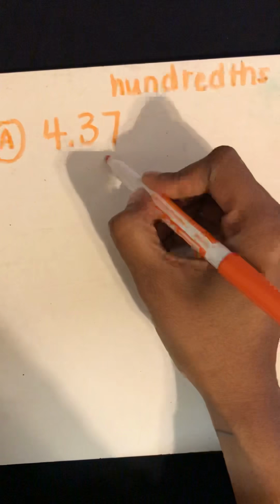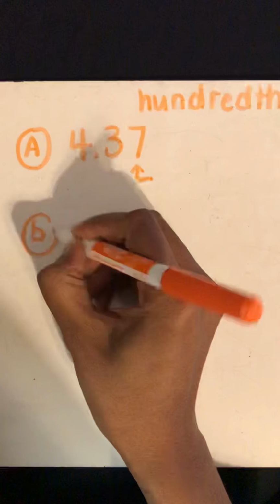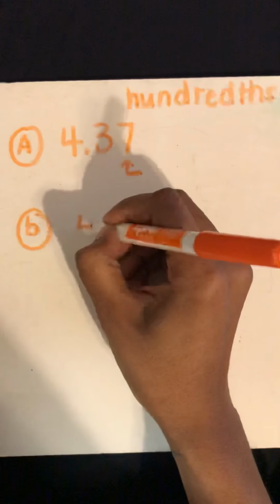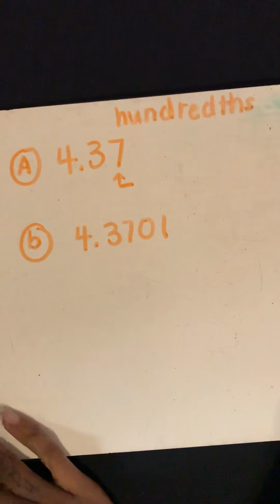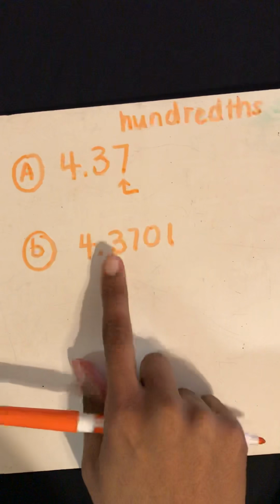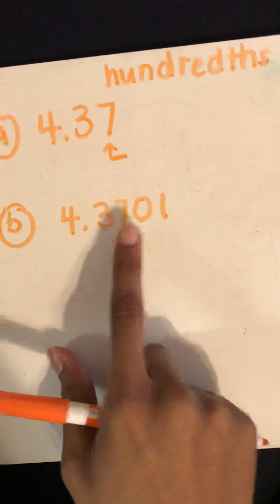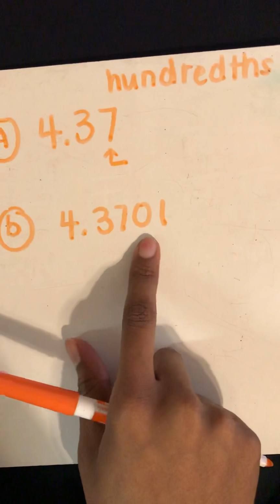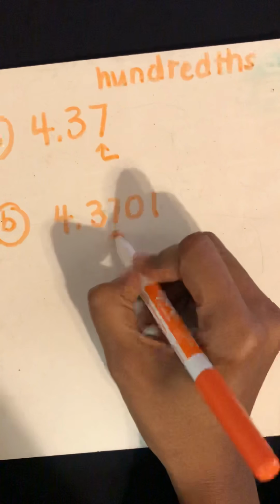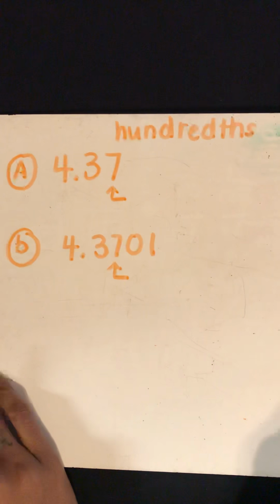The 7 is in our hundredths place. If Mrs. Harris has the number 4.3701, and I threw in an extra number in here: tenths, hundredths, what was this one again? Thousandths. So the 7 again is in our hundredths place.